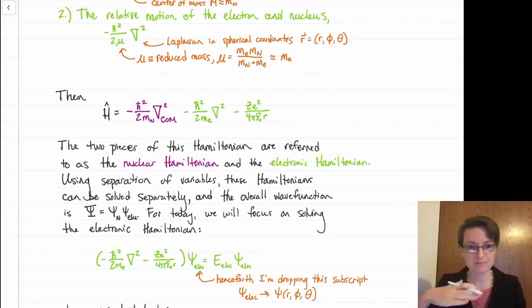And in keeping with my notation up until this point, I've put little subscripts to remind us that this wave function is just describing how the electron is moving with respect to the nucleus.